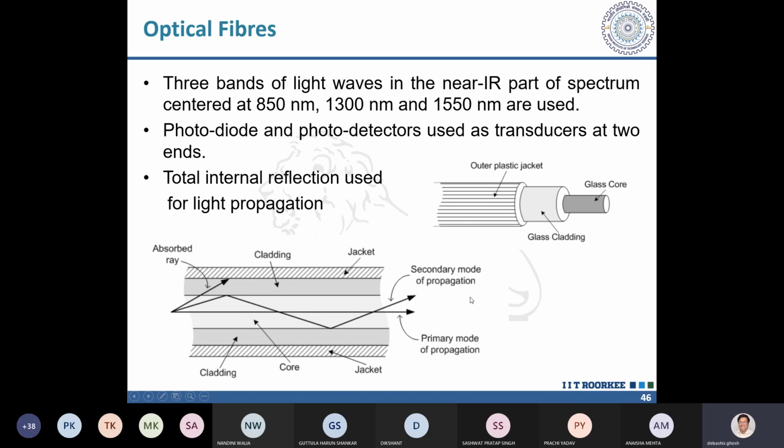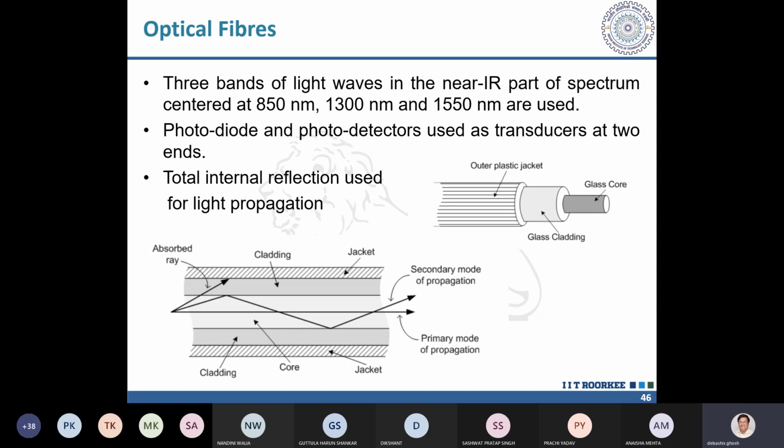So that's why in fiber optics, at the transmitting end, the light has to be incident at a particular angle. Obviously there are some devices that do this.